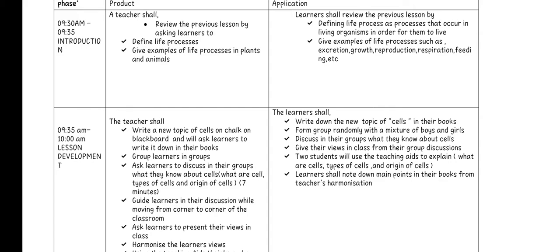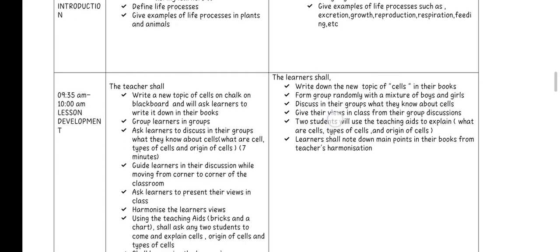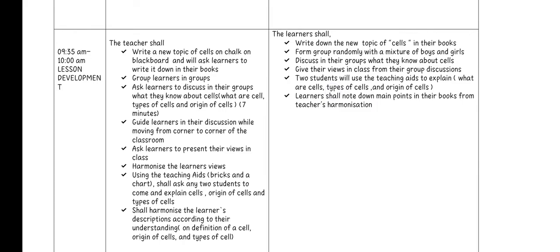Learners shall review the previous lesson by raising their hands to define a life process as a process that makes living organisms live, and then give examples of life processes: excretion, growth, etc. That will take 5 minutes, with the teacher picking hands from every corner of the class.